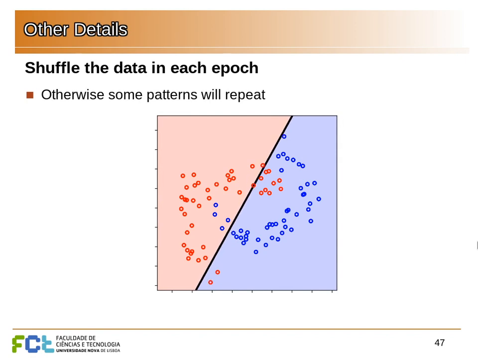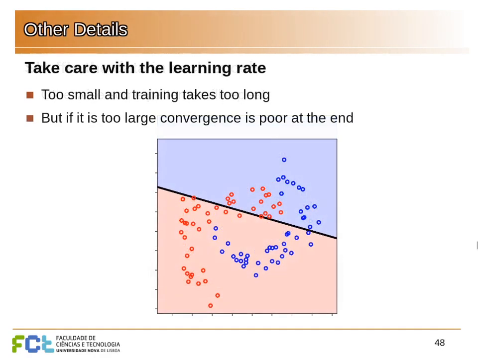Shuffling the data is important, because if you give always the same order, you may end up in some situation where the weights are looping and are going backwards and forwards in the same set of values, and then you get stuck. So increasing the randomness here is good by shuffling the training set at each epoch.